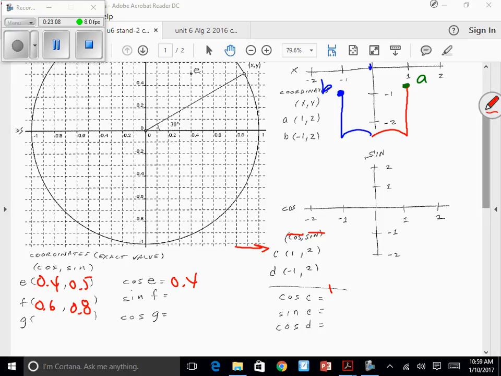Sine of G. I mean cosine of G. Negative 0.6. And the last one. Say it again. And the G cosine is going to be?